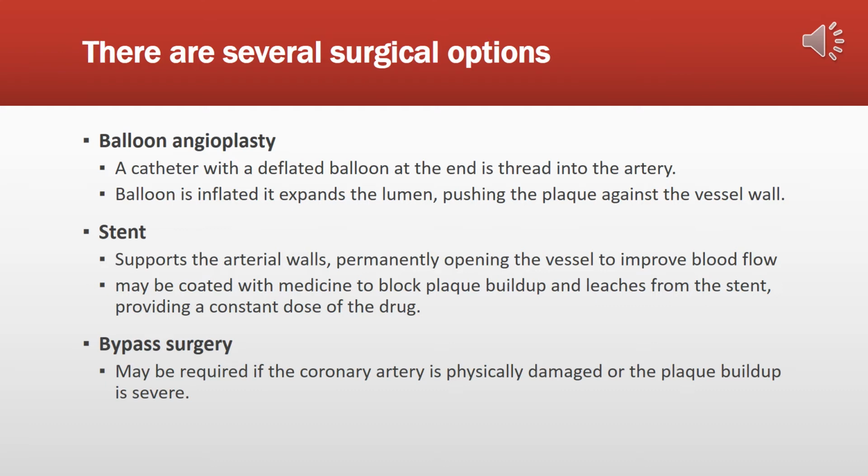And these stents can be coated with medicine, which blocks plaque buildup. And these medicines leach from the stent, and they provide a constant dose of whatever drug we're using. And then finally there's bypass surgery, which may be required if the coronary artery is either physically damaged or the plaque buildup is so severe that the other two options won't work.